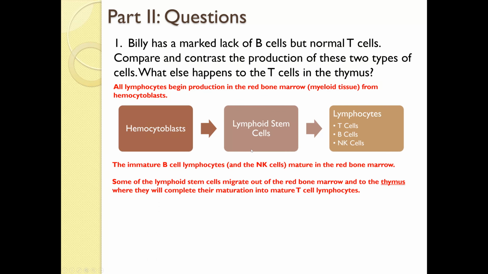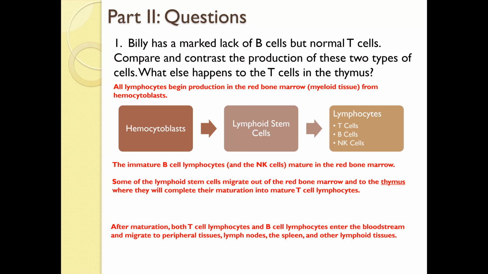Some of the lymphoid stem cells will migrate out of the red bone marrow into the thymus, where they will complete their maturation into mature T cell lymphocytes. After maturation, both the T cell lymphocytes and B cell lymphocytes will enter the bloodstream and migrate to peripheral tissues, lymph nodes, the spleen, and other lymphoid tissues. The second part of the question said, what else happens to the T cells in the thymus?